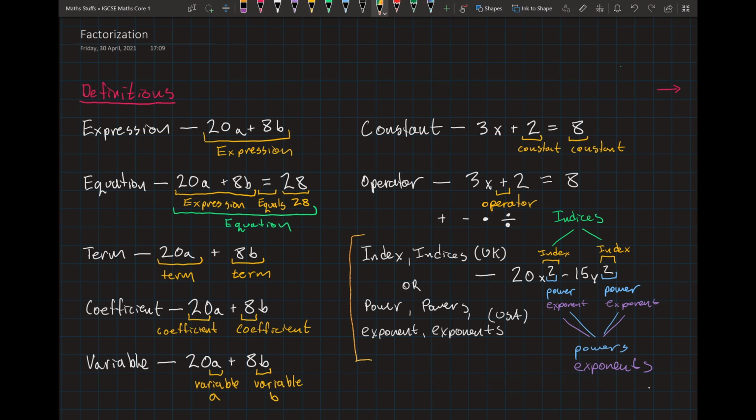So in the UK, we refer to these numbers above the x and the y as an index if it's just one, or indices. So in this case, for our first term, 20x squared, the index of x is 2. For our second term, 15y squared, our index is also 2.